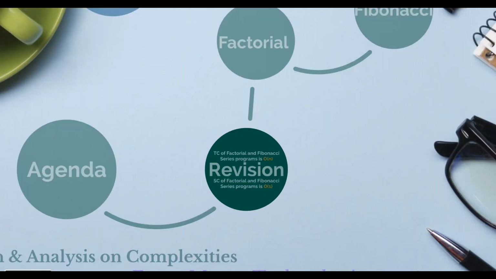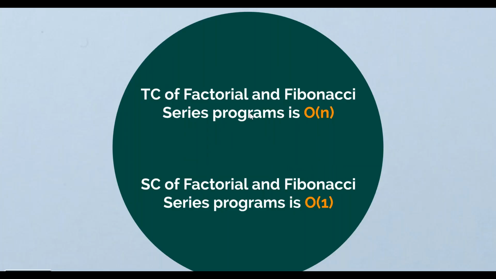Let me give a simple conclusion of yesterday. We saw two programs, the factorial and Fibonacci series programs. Our conclusion was that factorial had order of n time complexity, and the Fibonacci series also had order of n time complexity. This was an iterative approach.